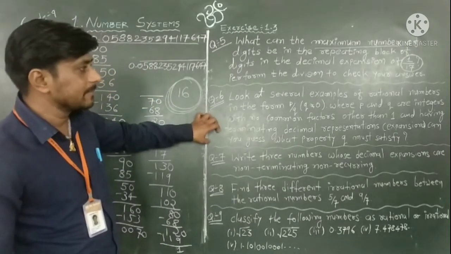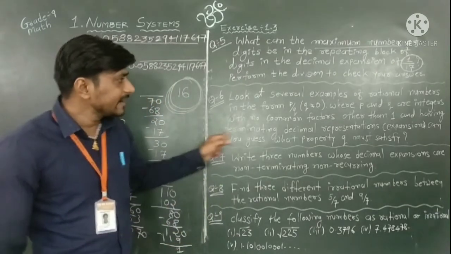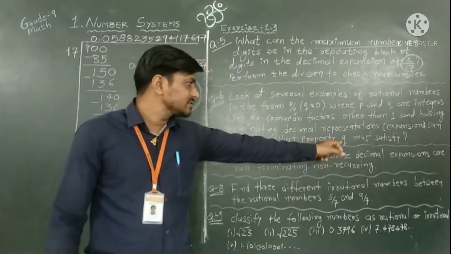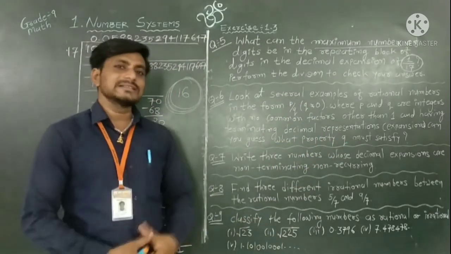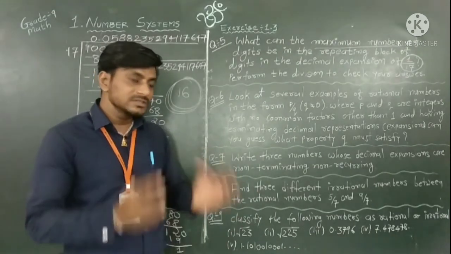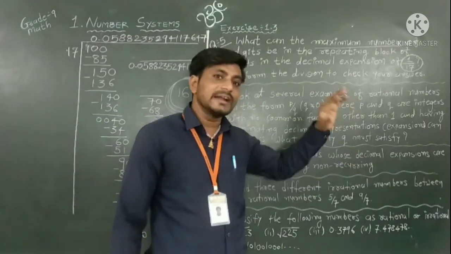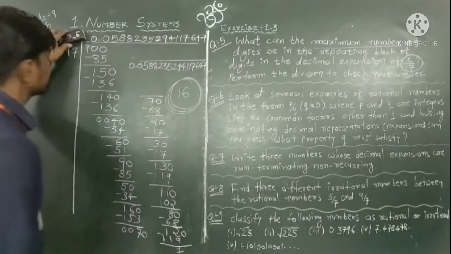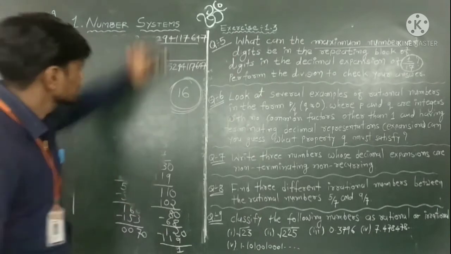Here we have to check, in a terminating decimal representation, whether q fulfills any property or not. We take some examples, and by examples we observe whether q satisfies that condition or not. So look here, I take some examples. Solution number 6.